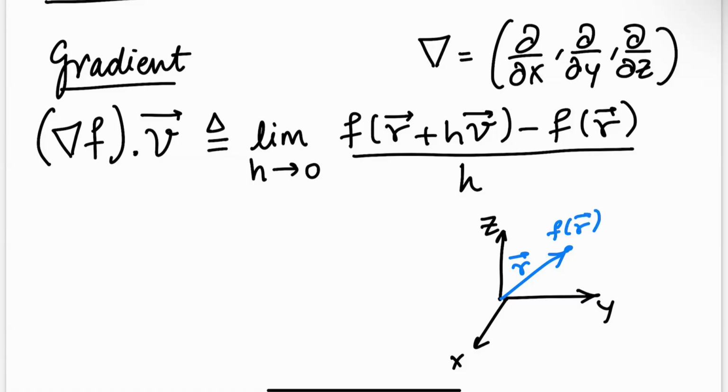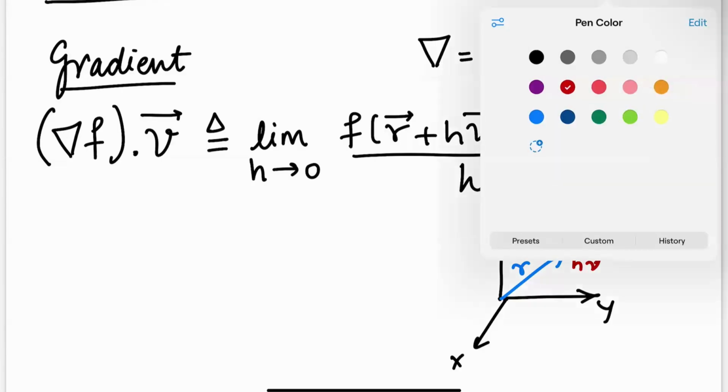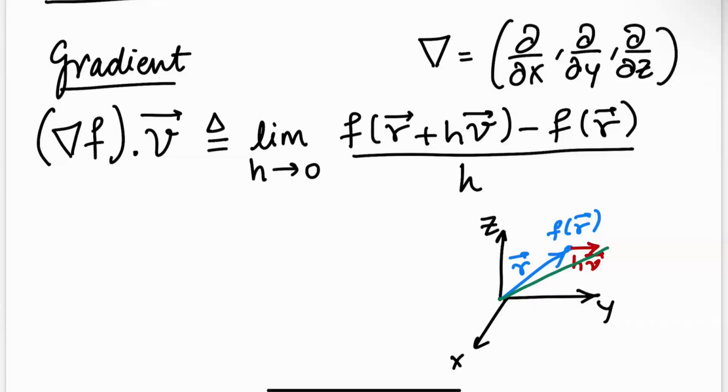I take a small deviation, add another vector to it, hv, right? And that gives me a new vector here, and the function there is f of r plus hv, right?